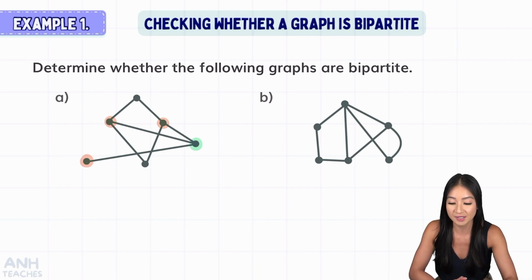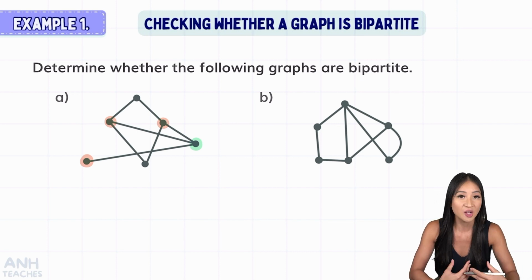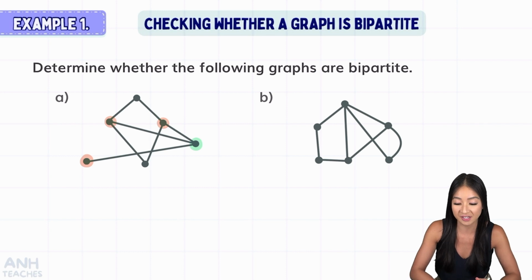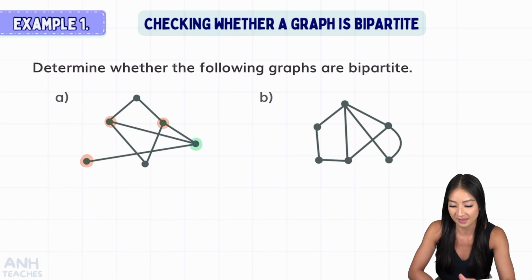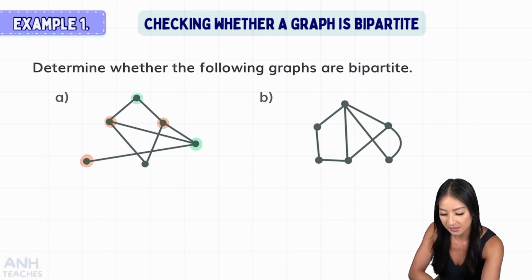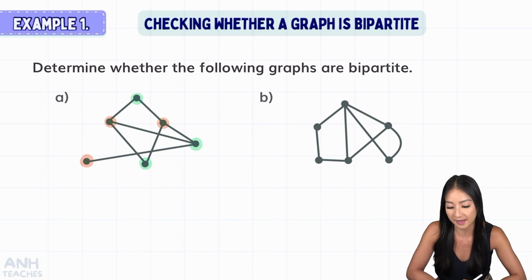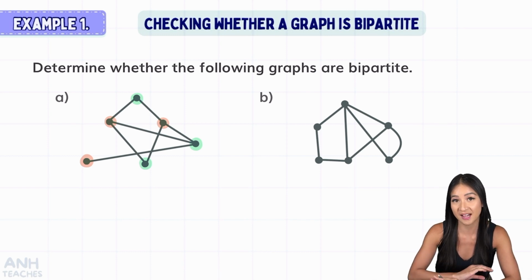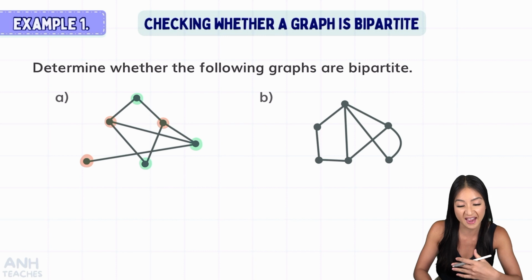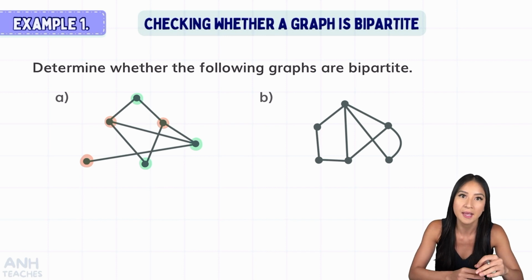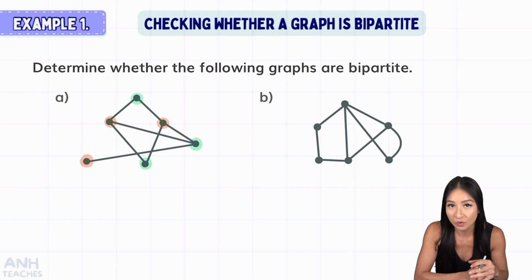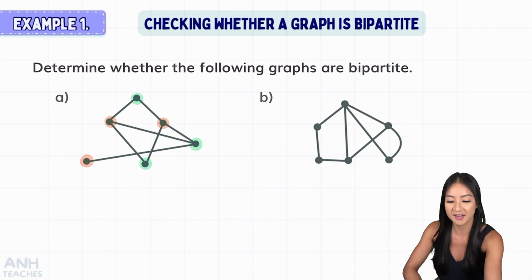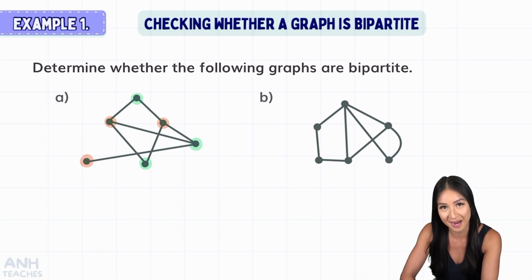Next, I'm going to switch back to green, look for any vertices that are adjacent to these new orange ones and colour those in the opposite colour. So that's going to be green and that is going to be green. Now, because I was able to colour in all of the vertices without any of them clashing, aka being adjacent within the one group, I can tell that this graph is bipartite.